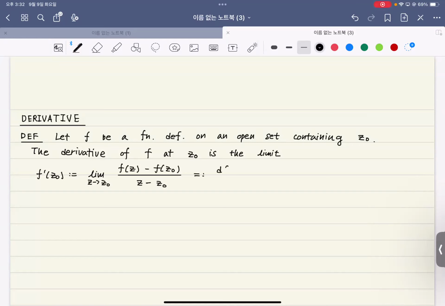Also written df/dz at z0. And if the limit of this exists, then we say f is differentiable at z0.